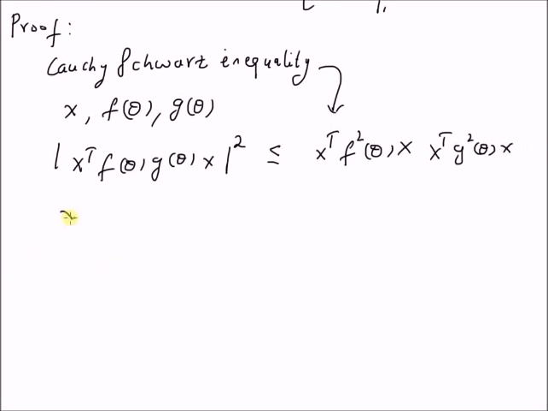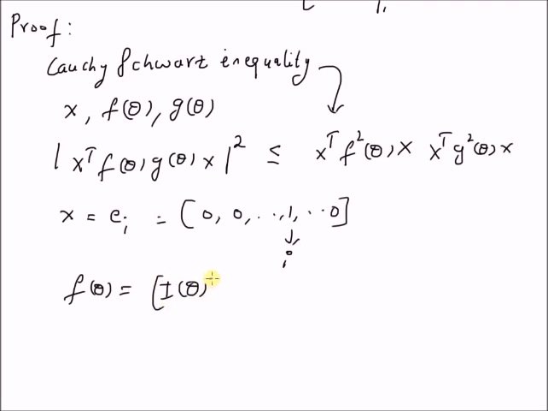Now by using x equal to ei, where ei is a zero vector except at the ith place, that is, the elements of the vector ei are zeros except for the ith location where it is 1. So given this vector x equal to ei, f of theta is equal to the square root of the Fisher information matrix, that is I of theta power 1 by 2, and g of theta is equal to the square root of the inverse Fisher information matrix.